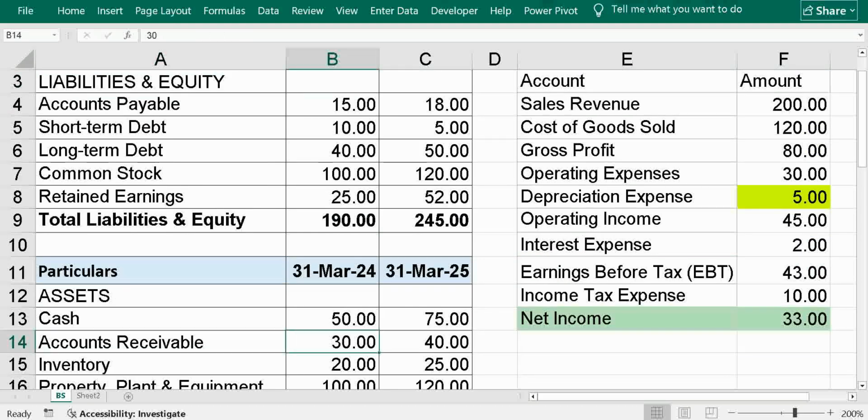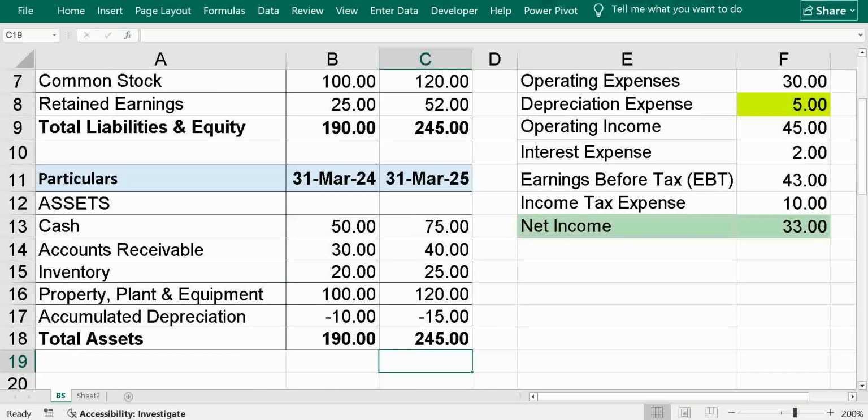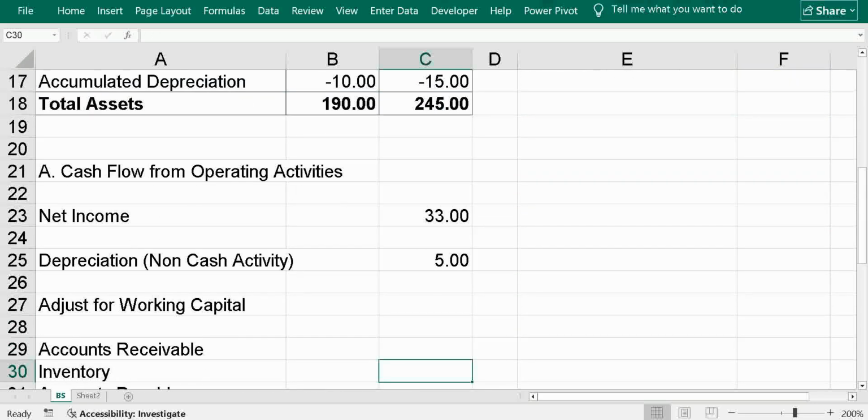Here in March 24, 30 lakhs and in March 25, 40 lakhs. Increase of 10 lakhs. So within this same current assets, this should decrease the cash. Minus 10.